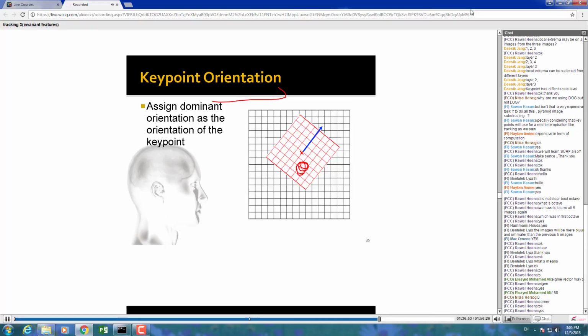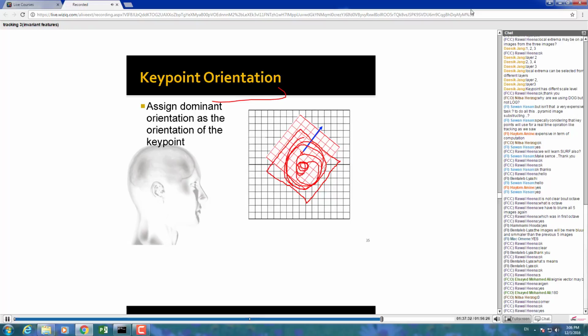Finally, when we know the key point orientation in this way, for example, in this example it is 45 degrees of orientation, right? Then once we know this orientation, we make a kind of window around these key points that is rotated 45 degrees. And we try to calculate the descriptor in this rotated window.